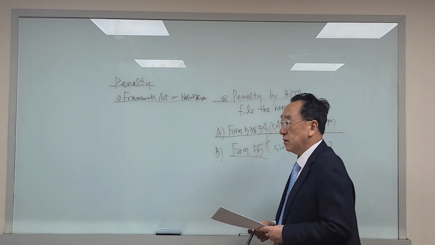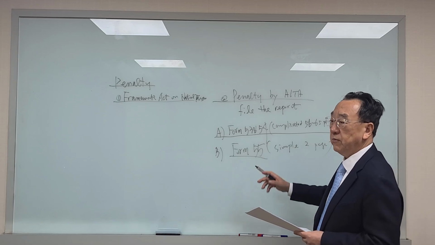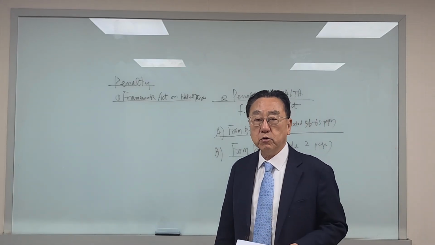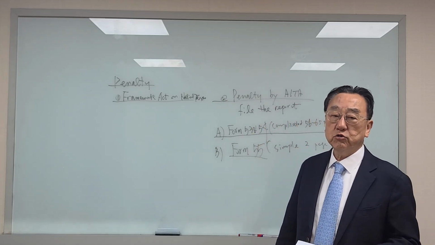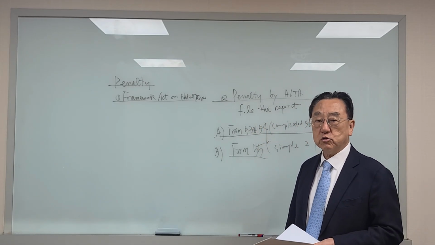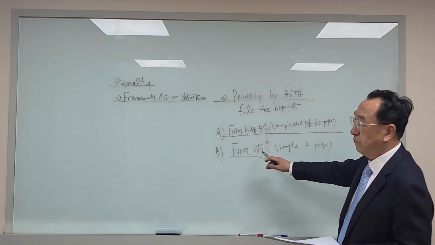If that company is eligible for the simple form, Form 55, for instance when another constituent entity outside of Korea has made the submission, then the submission to Korea's tax office is exempted. But in that case, we have to file Form 55.